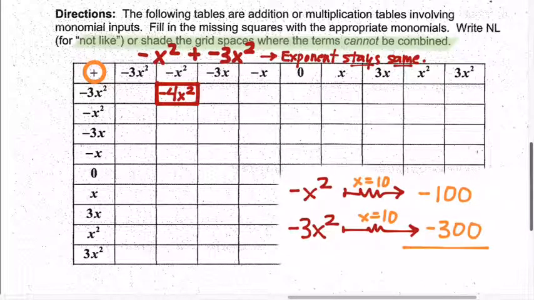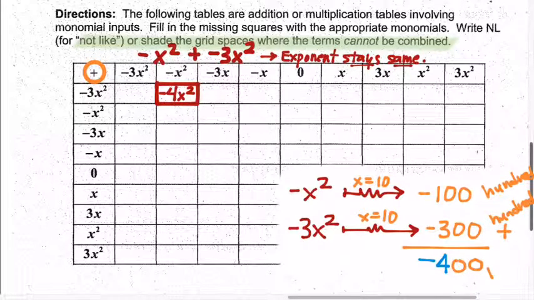And if I'm going to add negative 100 and negative 300 together, what do I get? Negative 400, right. The negative 1 and the negative 3 add together to give me the negative 4. And the 100 just comes along for the ride, right? So it's kind of as though we're adding something which is measured in hundreds together with something that's measured in hundreds.